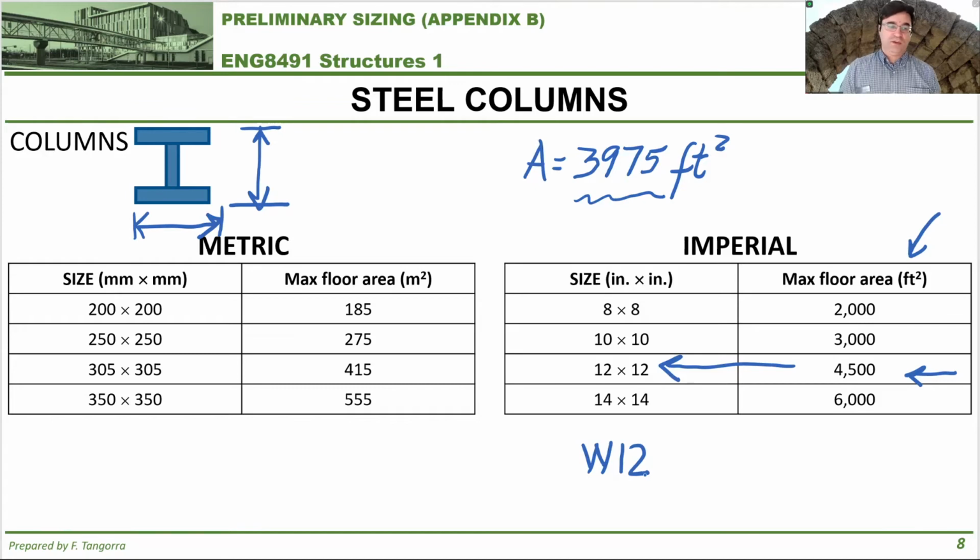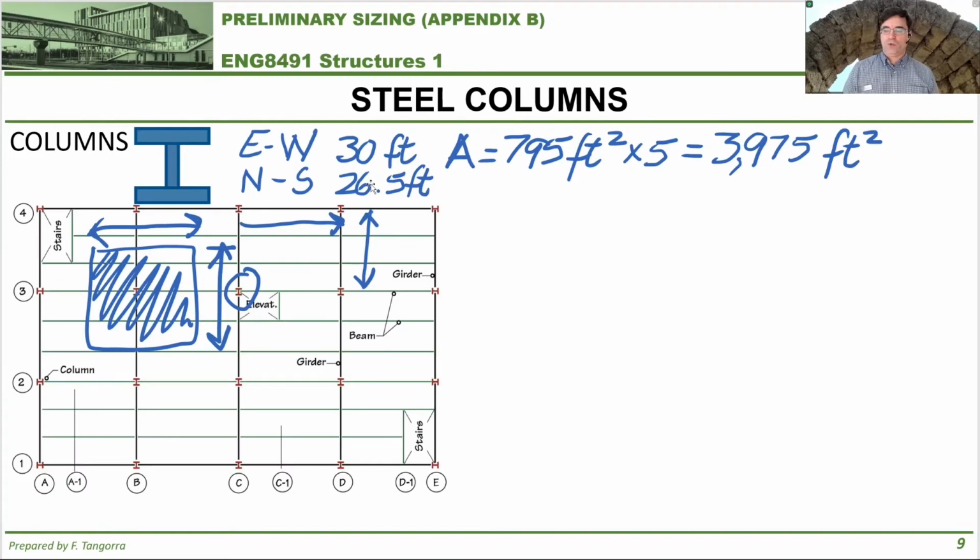Now let's redo all of this, but let's use metric units so we can play around using this table right here. Okay? So let's move down, repeat this question, but let's use metric units. So let's pretend that the east-west bays are spaced at 9,144 millimeters.